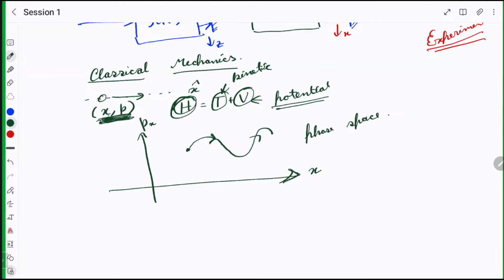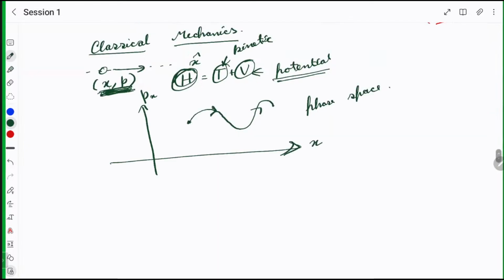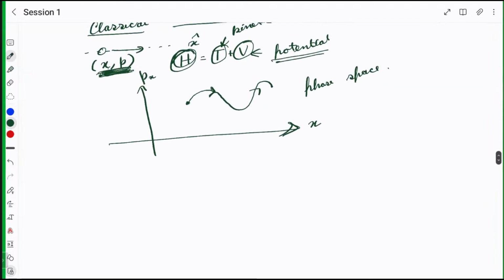Now, can I write a phase space in quantum mechanics? There'll be an uncertainty. Precisely.